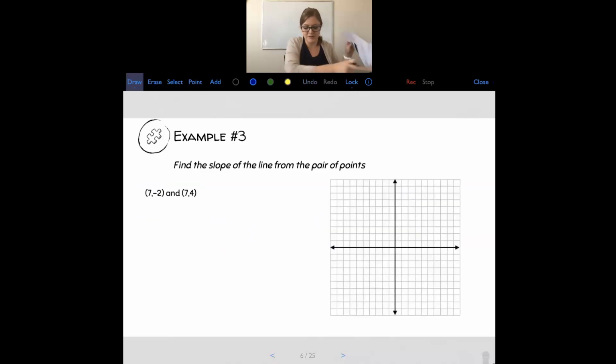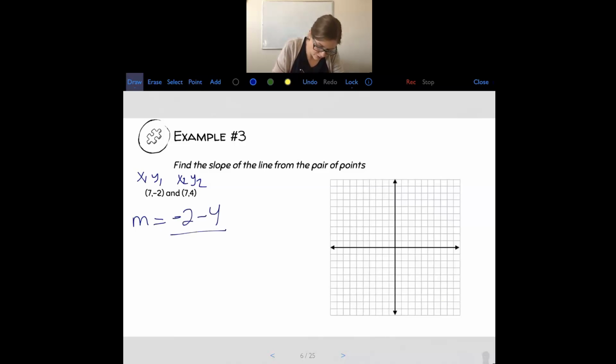All right, find the slope of the line from the pair of points. I put a graph here because this one also helps to have a good visual. So (7, -2) and (7, 4). Again, labeling it as (x1, y1) and (x2, y2), my slope is change in y over change in x. This time I'm going to start by doing y1 minus y2 over x1 minus x2.